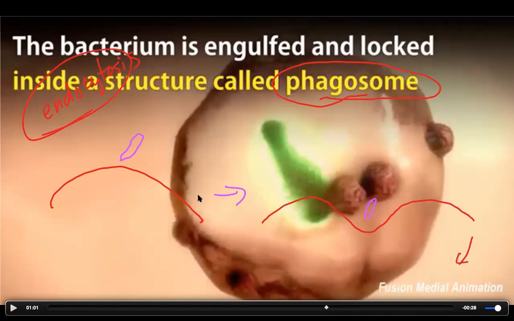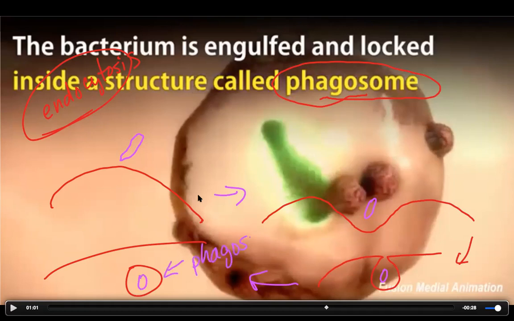Okay, I'm going to go down here then. And then finally it pinches off completely and the bacterium is inside. And then finally you've got this vesicle with the bacteria inside. Now this vesicle is called the phagosome.